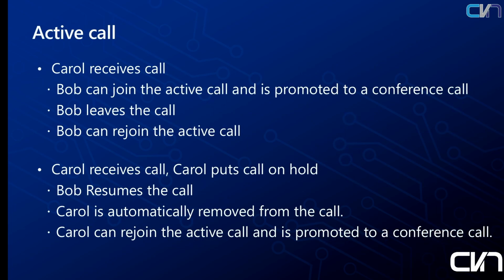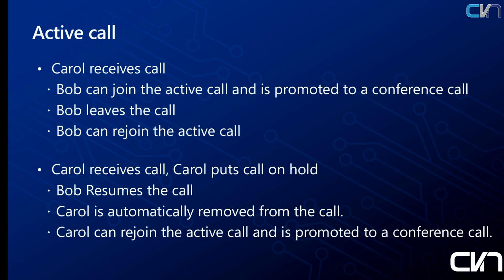There is a new capability within delegation now that you can see the active call of the person you're a delegate for, and you're able to join. In this scenario, Carol, the CEO, receives a call. She's on a phone call. Bob, her EA, can see the active call that's currently happening and join it.